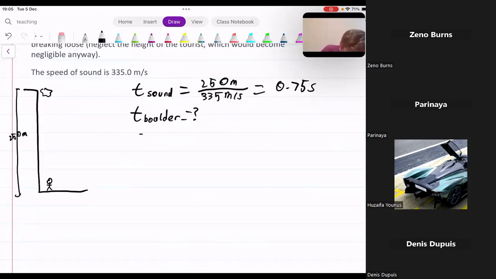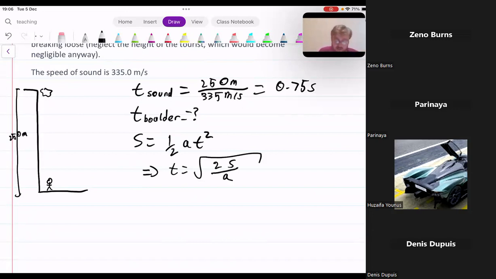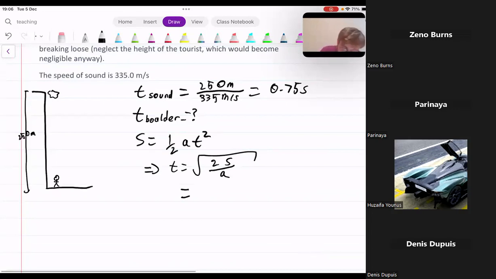So the equation we need is s equals a half a t squared, which gives us t equals the square root of 2s over a. Okay, let's plug numbers into this.